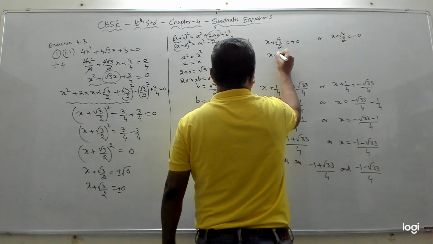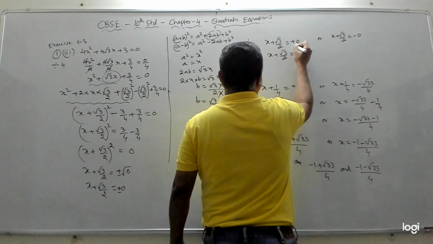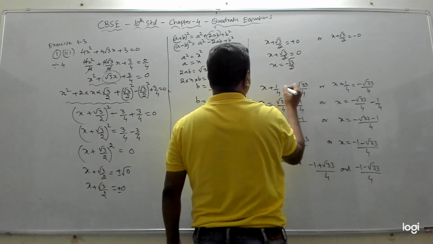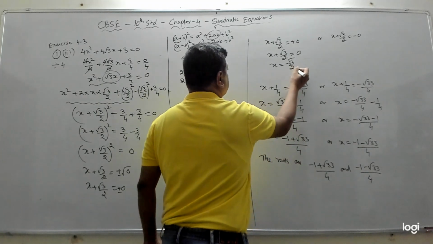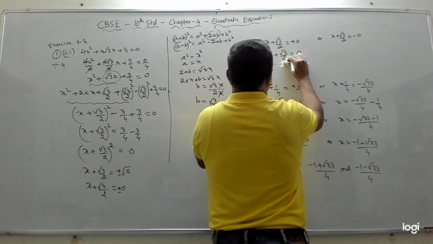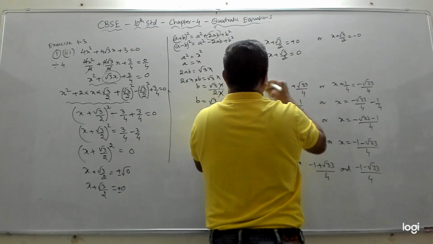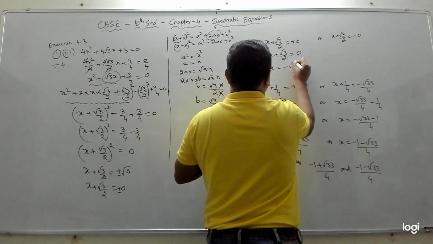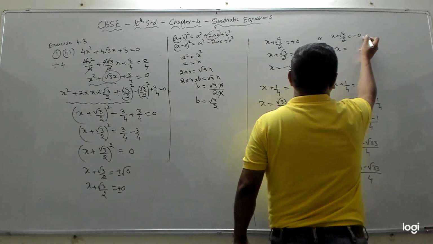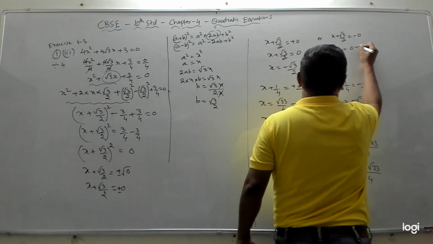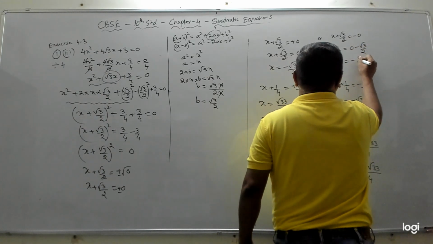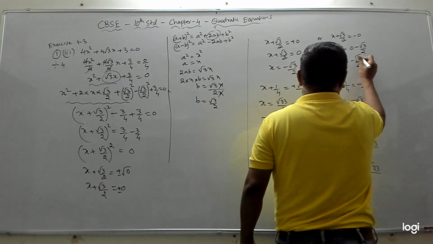Which means x plus root 3 by 2 equal to 0, which means x is equal to minus root 3 by 2, minus square root of 3 by 2. Fine. In the other case, minus 0 means 0 only. This plus root 3 by 2 becomes minus root 3 by 2, so x will become minus root 3 by 2.